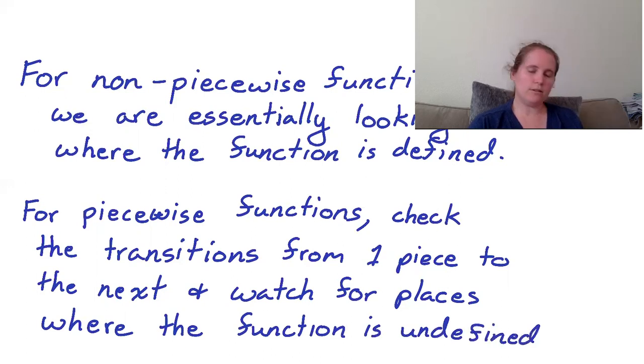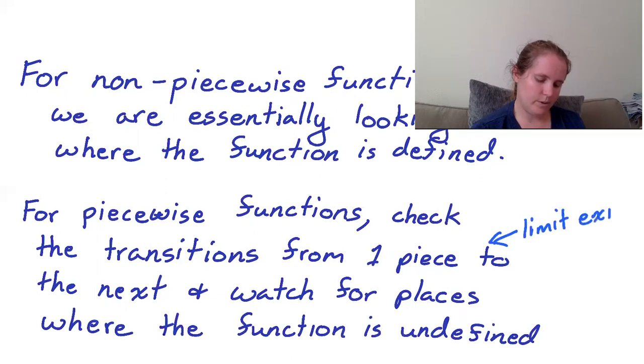So I should specify where we check the transitions. What we're looking for is that the limit exists, right? Make sure the left and right side match, and that it equals the function value.